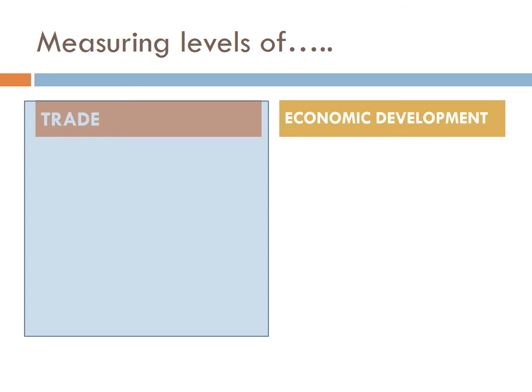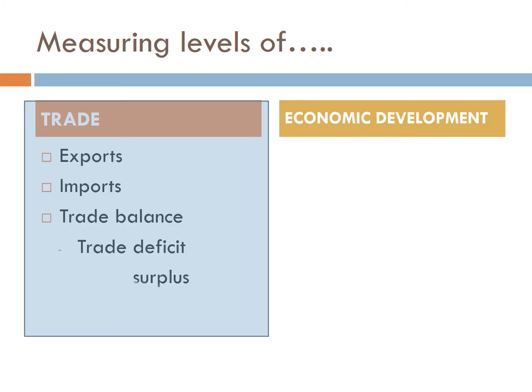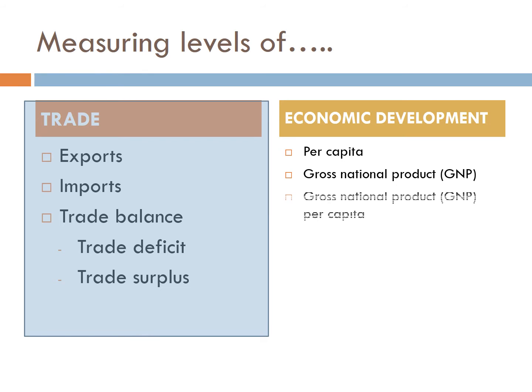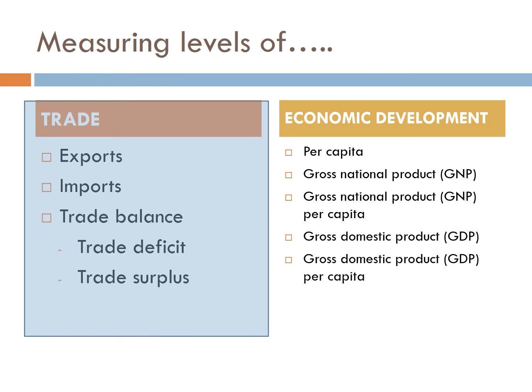So how do we know which countries are developed, developing, or newly developing? What are the different indicators? As we think about economic development, we would think about gross national product, gross national product per capita, gross domestic product, and gross domestic product per capita.